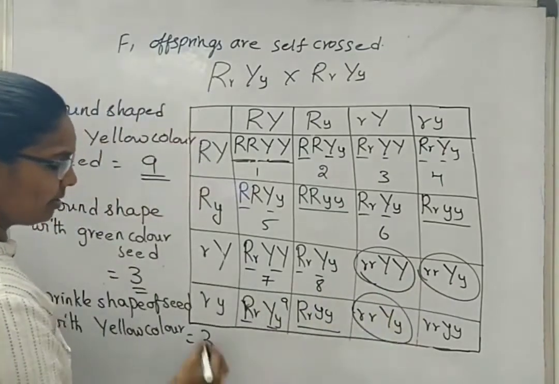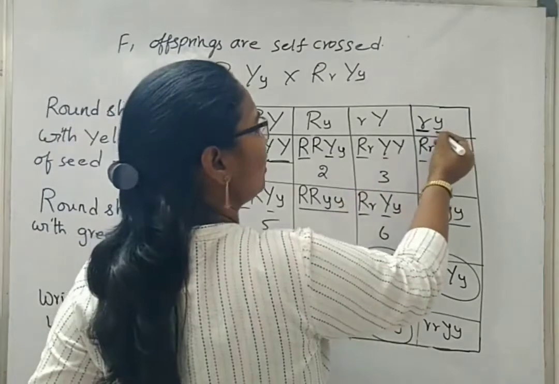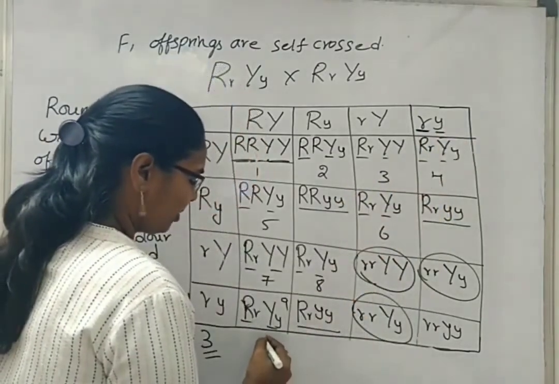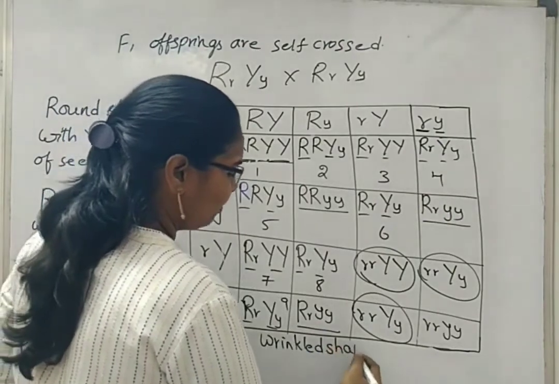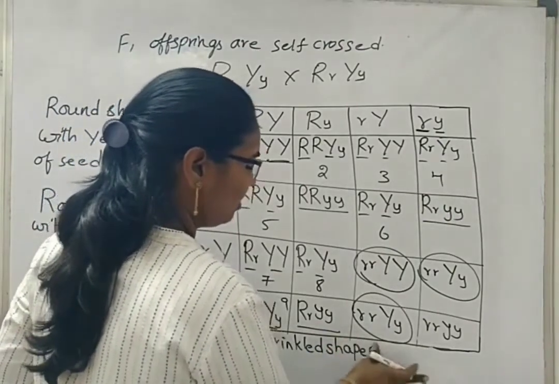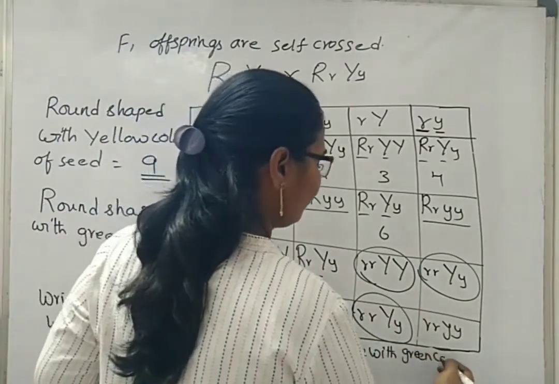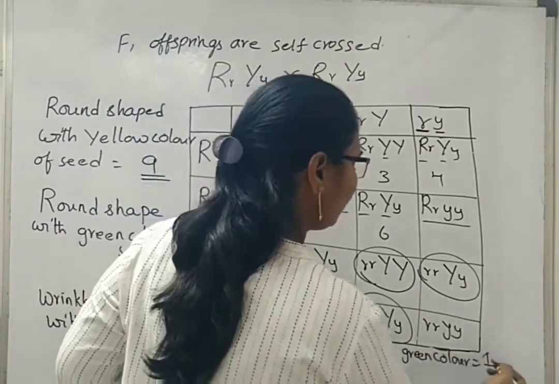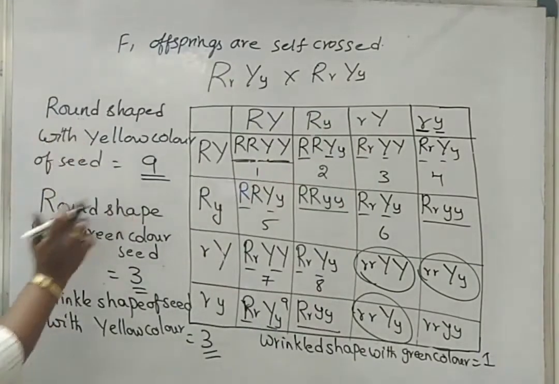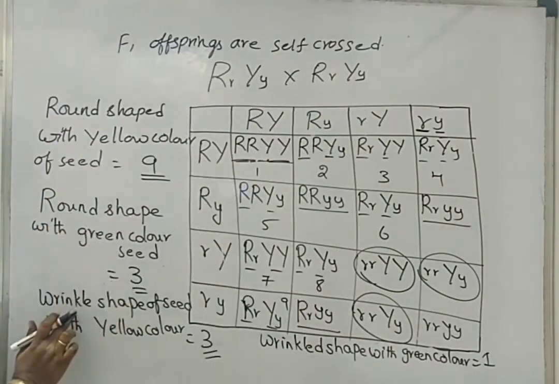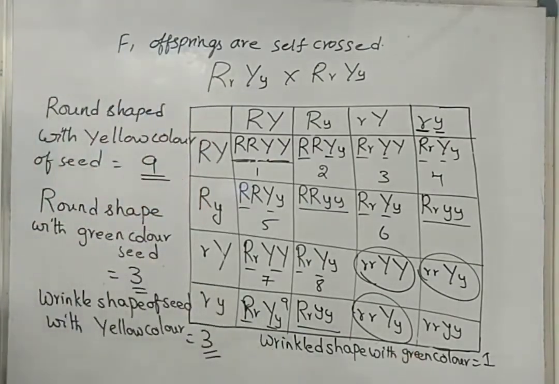So that is 3 in number. Now, if we see the last one, wrinkled shape of the seed with a green color, fourth one, wrinkled shape with green color. Answer is only 1. So here round shape with yellow color 9, round shape with green color 3, wrinkled shape with yellow color 3, wrinkled shape of the seed with green color 1 only.